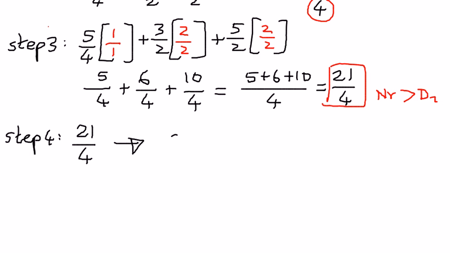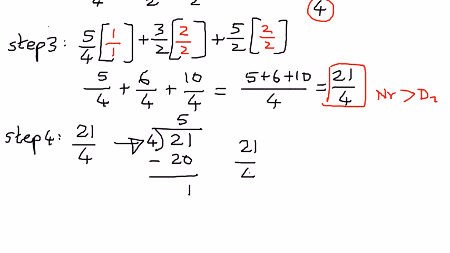So we're going to perform the long division process. So 21 divided by 4. 4 times what number is equal to or less than 21? 4 times 5 is equal to 20. And when we subtract 20 from 21, we are left with 1. Therefore, 21 divided by 4 can be written out as 5 1 over 4.